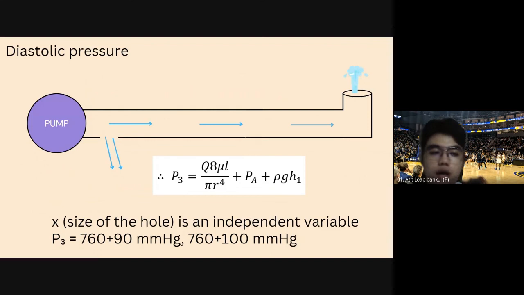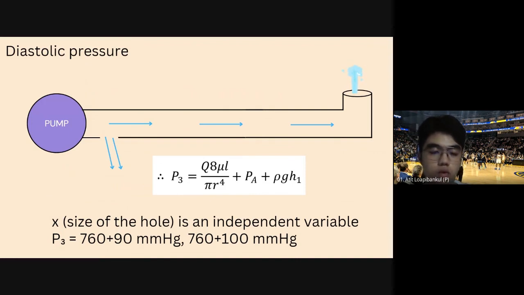So we just have to adjust the size of the hole until the pressure at point 3 reaches 760 plus 90 millimeters of mercury and 760 plus 100 millimeters of mercury. This is the value that we want. So after this experiment, we will know the two sizes of the hole that make 90 and 100 millimeters of mercury possible. You might have a question, why do I have to add 760?